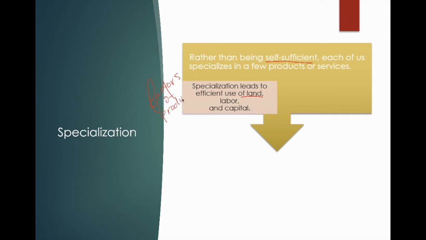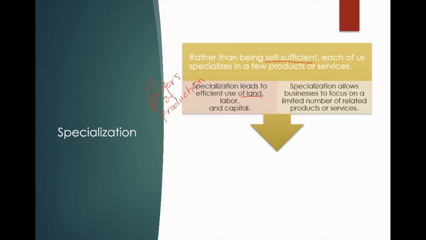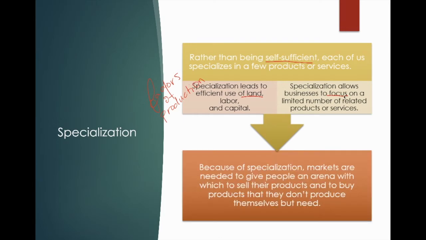You need someone who has access to the natural resources to make or create what you're looking for. And you need someone who's focused on it, who becomes really good at it, to create it in a way that makes it useful to you. Because of that, you need to have a market where this exchange can occur.